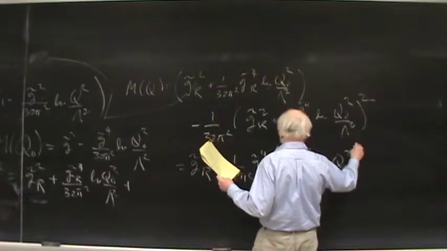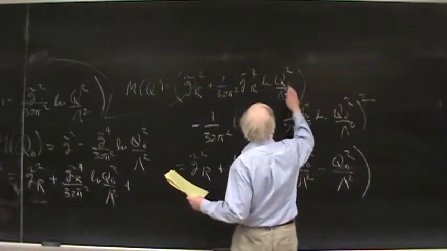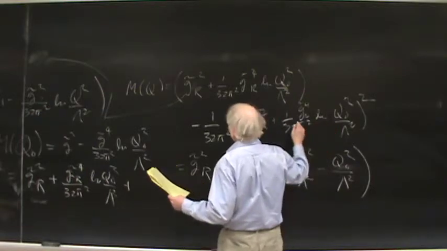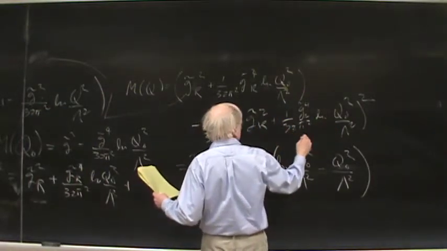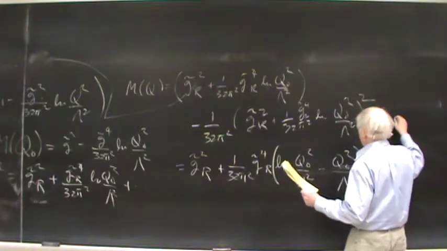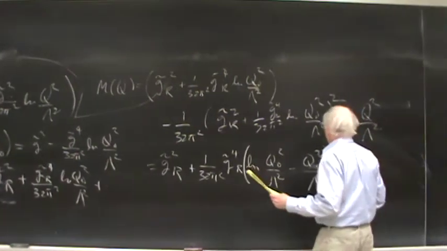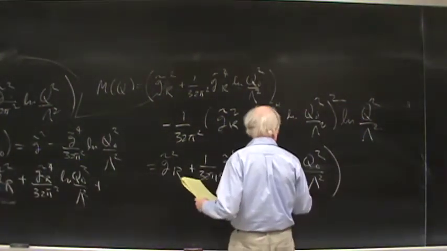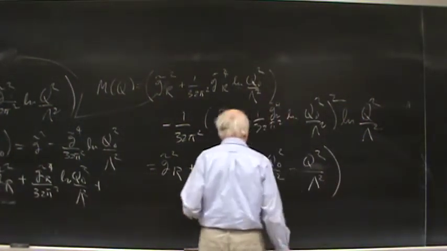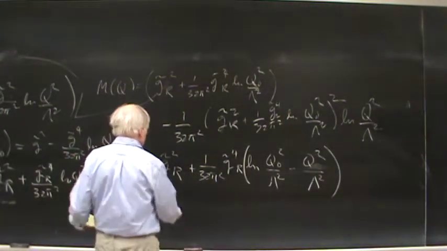Okay, I've got a problem here because one of them is Q. Oh, yeah, I forgot here. Log Q squared over lambda squared. And so this is log Q squared over lambda squared.